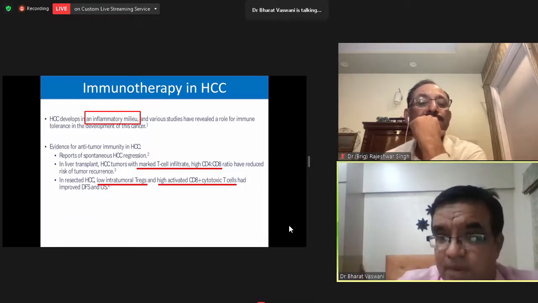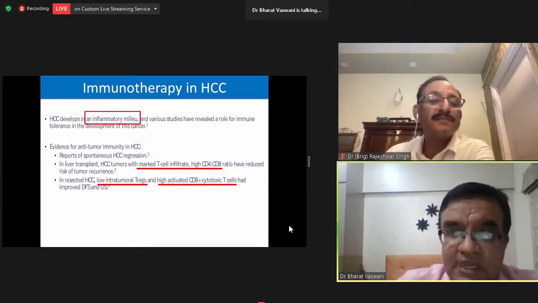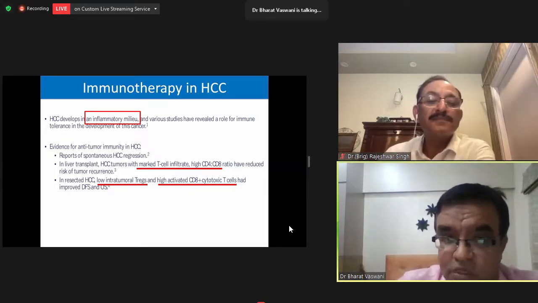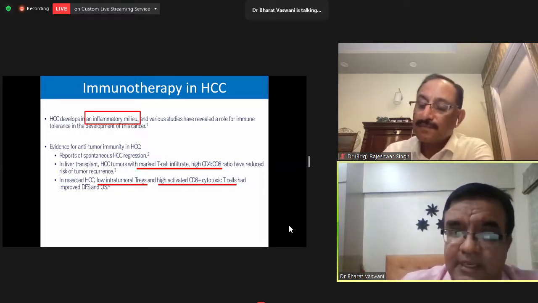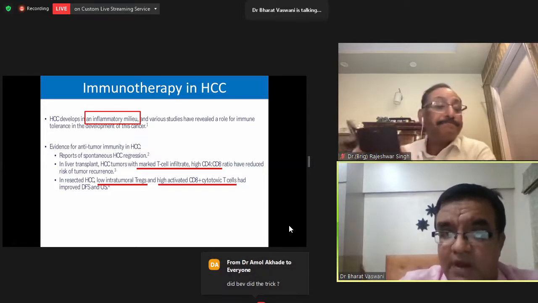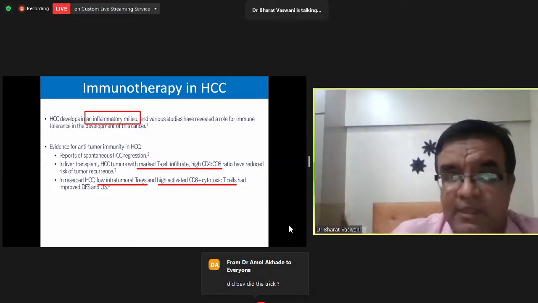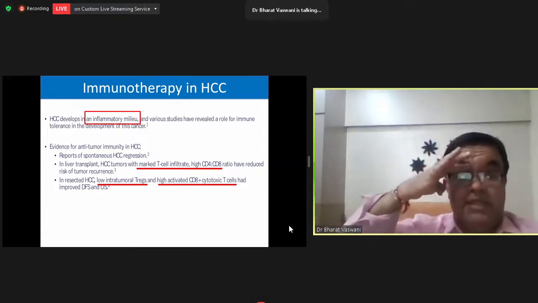Why should immunotherapy work in HCC? There is a basic principle that HCC develops in an inflammatory milieu. So most of the time it is post-viral, where there is prolonged inflammation creating dysplasia and then carcinoma. So the very fact is immunotherapy works better in an inflammatory milieu. There is some indirect evidence to suggest that anti-tumor immunity is definitely a very important thing in HCC.